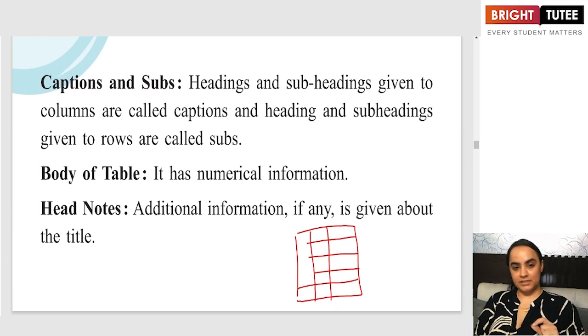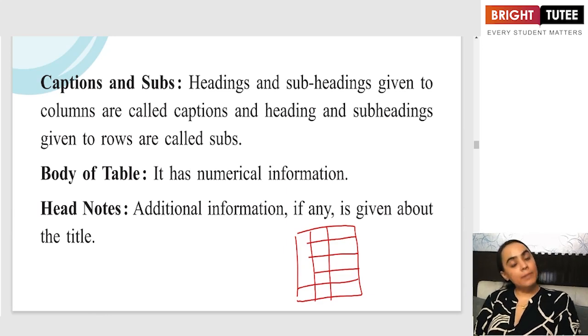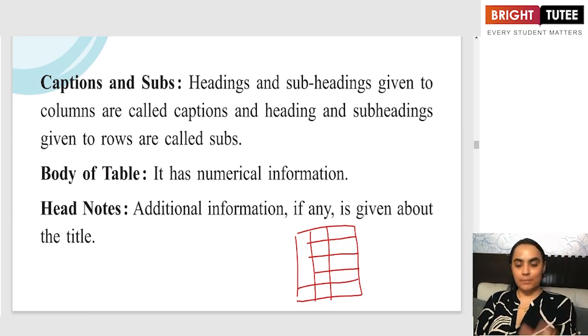Headings and subheadings given to the columns are known as captions. And headings or subheadings given to the rows are known as stubs. So whatever heading or subheading you give to your column, you will call it a caption, and whatever heading or subheading you give to a row, you will call that a stub.